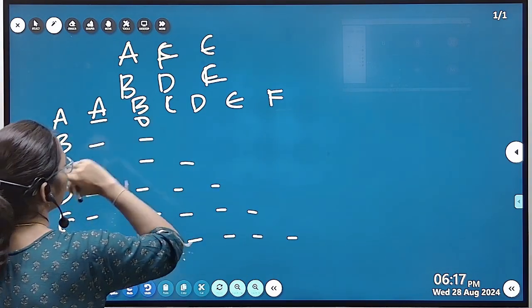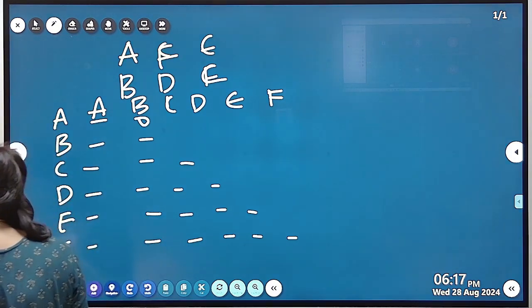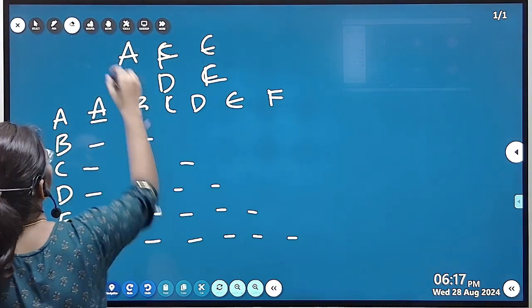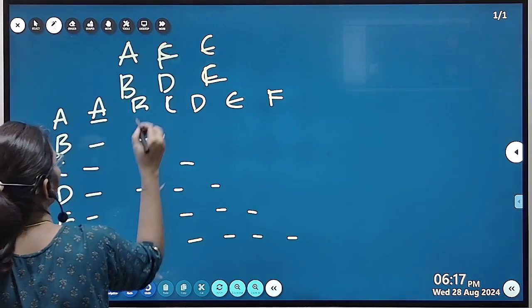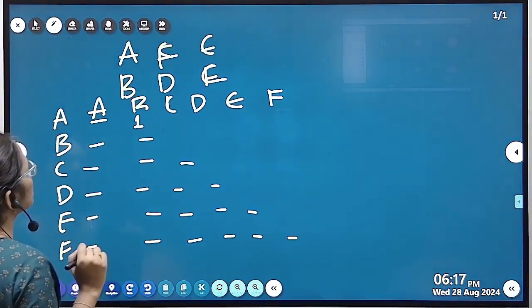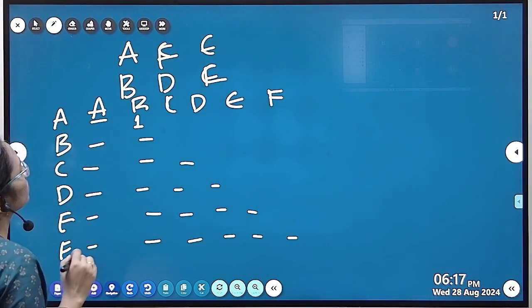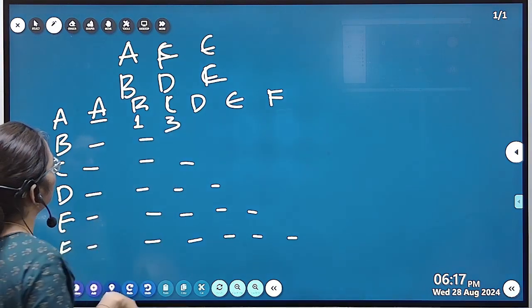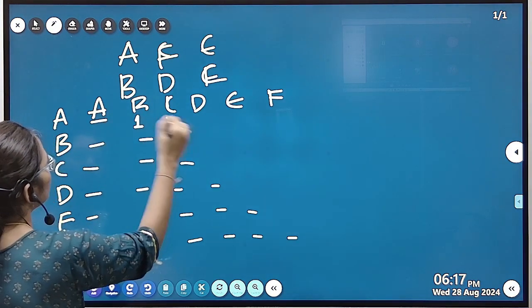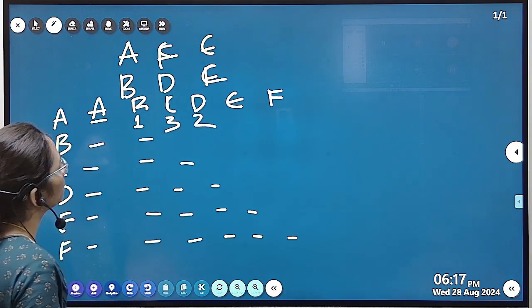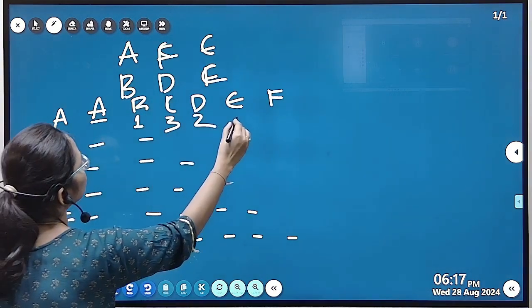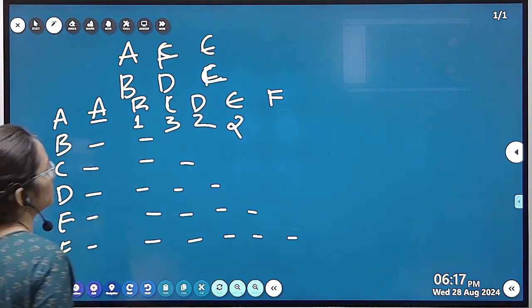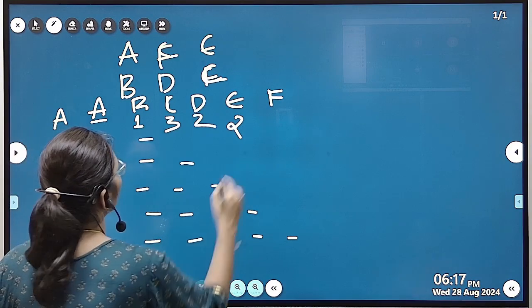A to C. अच्छा, A to B 1, right? A to B 1. Next A to C 1, 2, 3. A to D 1, 2. Yes. A to E 2. This is E, this is C. Next, A to F 1.